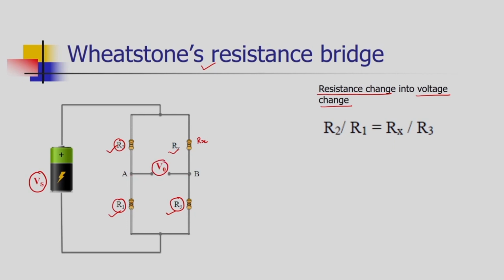The values of these 4 resistors are chosen in such a way that the V0, that is the output voltage, should be 0. When the output voltage is 0, then we say that the bridge is in balanced condition.